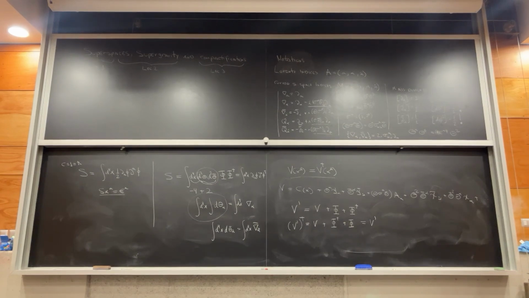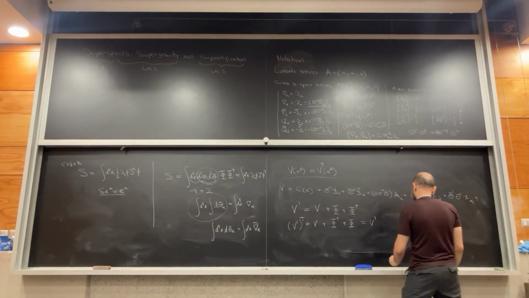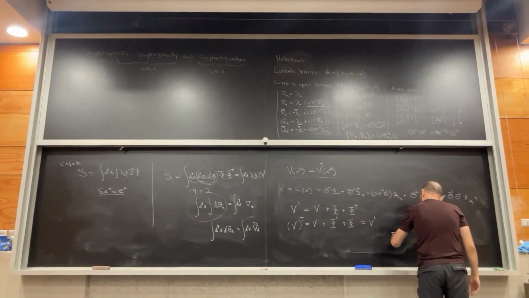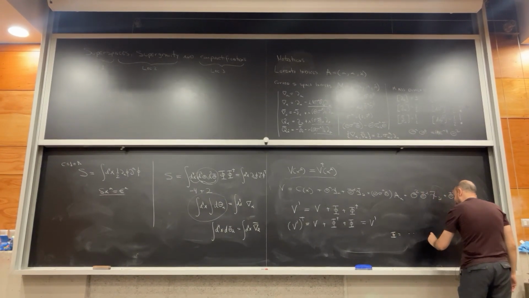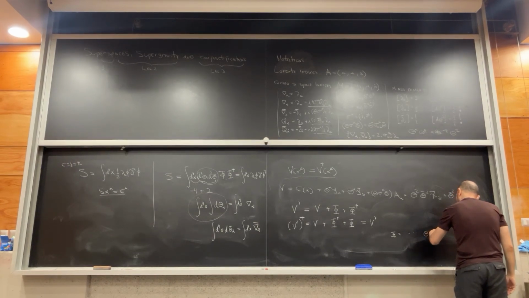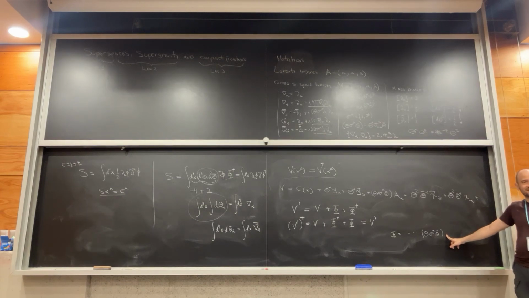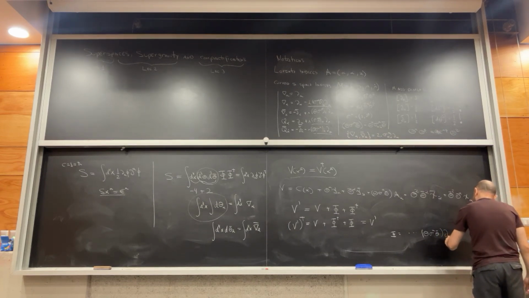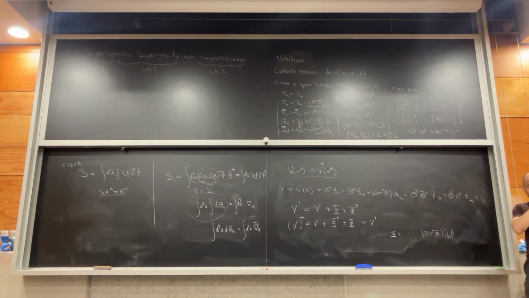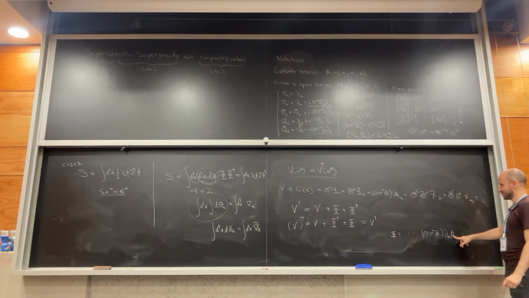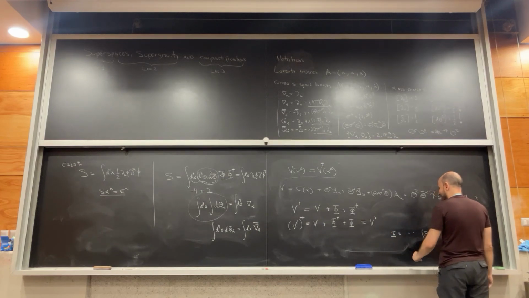If I have a chiral field, I write its expansion. Phi is complex, so phi plus phi dagger.